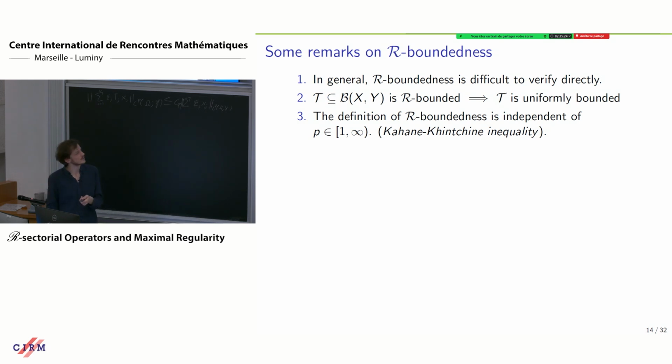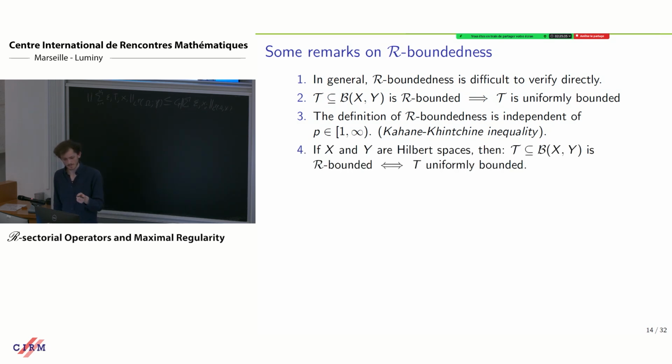Oh yes, this I said earlier actually, that it's independent of p, and this follows by the Kahane-Khinchin inequality. If they are Hilbert spaces, then being an R-bounded family is equivalent to being uniformly bounded.